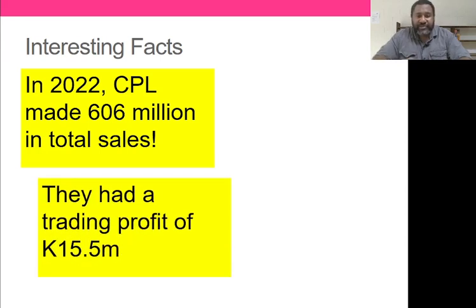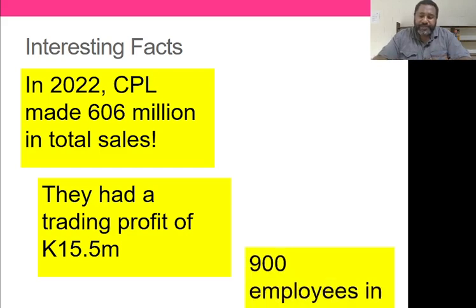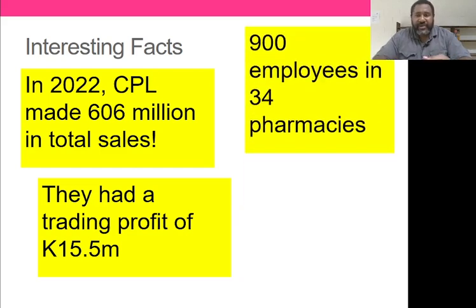From those sales, minus the expenses, they had a trading profit of 15.5 million. That's still a lot of money for any corporate entity in Papua New Guinea. They have around 900 employees in 34 pharmacies spread throughout the country.